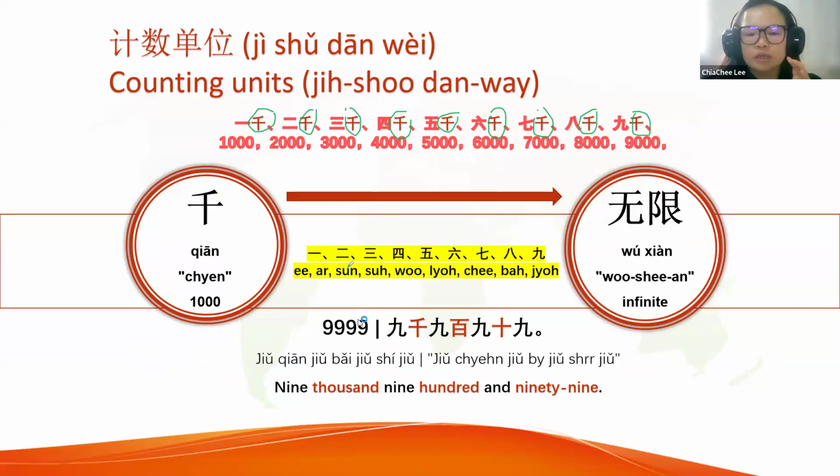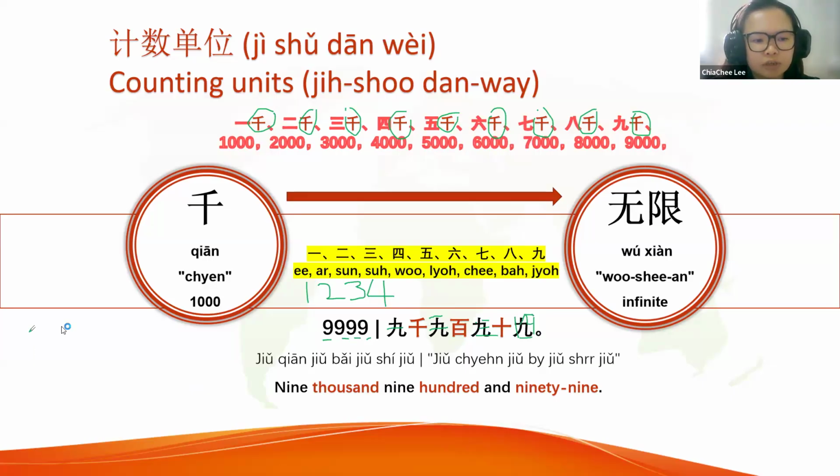The biggest number of this module, again, is 9999. Let's say I put 1, 2, 3, 4. Can you read it in Mandarin? Let's give it a try. It will be 1234. This is the way we read a 4-digit number.